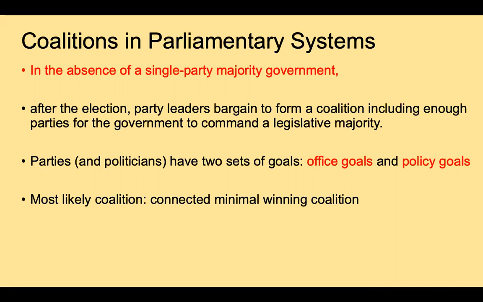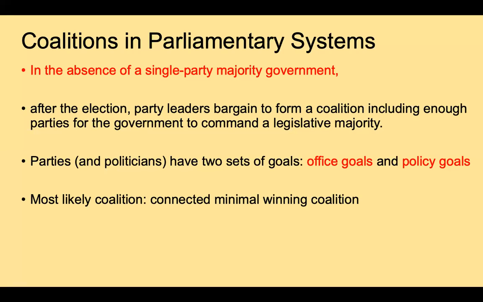The connected part relates to the ideological positions held by the parties within the coalition. And so if you have a connected minimal winning coalition, it means that you have multiple parties whom together just cross the threshold for legislative approval and who individually hold contiguous ideological positions. That means they hold ideological positions that sit side by side with one another. It doesn't mean that they hold the same positions.